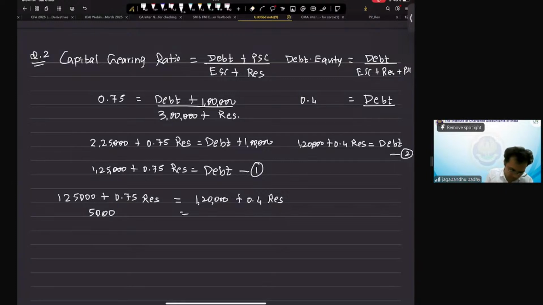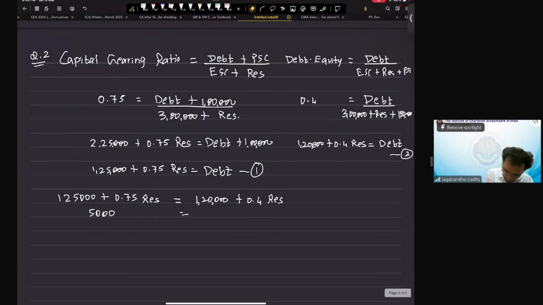Equity share capital is 3 lakh. We don't know reserves, but preference share capital is known to us. Preference share capital is 1 lakh. It will be 4 lakh. Yeah, so this is 1,60,000 plus 0.4 reserves equal to debt.